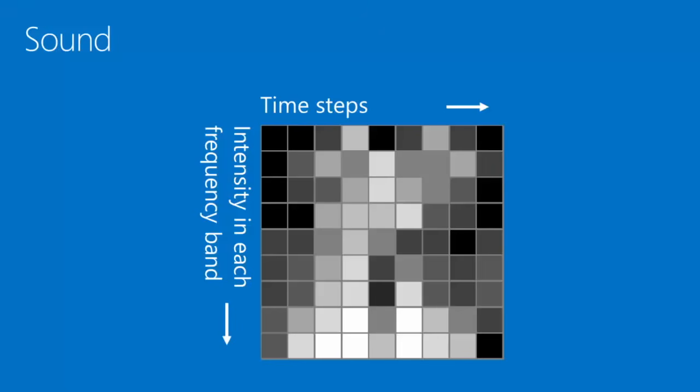Bass, mid-range, treble. You can slice it a whole lot more finely than that. And again, those frequency bands that are closer together are more closely related, and you can't rearrange them. The order matters. Once you do this with sound, it looks like a picture. It looks like an image, and you can use convolutional neural networks with them.